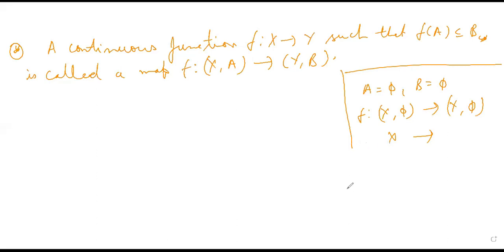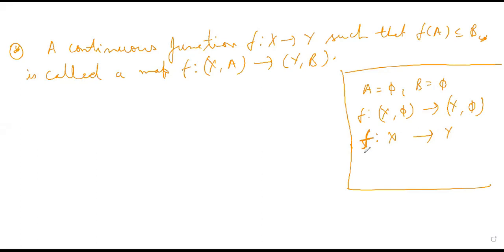So a map from X to Y is just a continuous function from X to Y. Previously, you might not have been differentiating between map, mapping, or function. You used to say that they are the same. But here, we will be using this kind of convention: if map is written somewhere, you should consider it a continuous function.